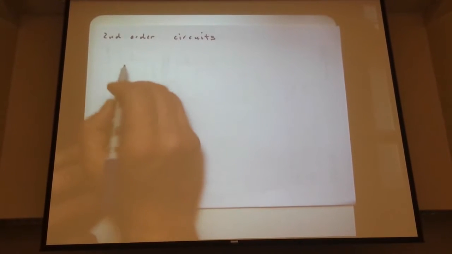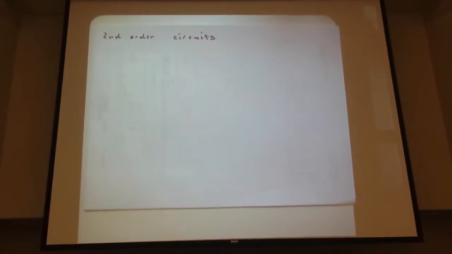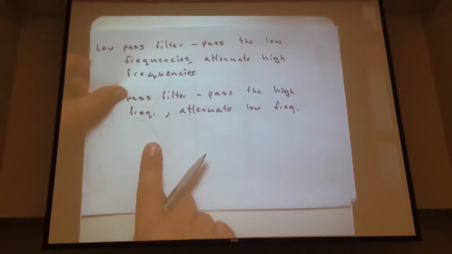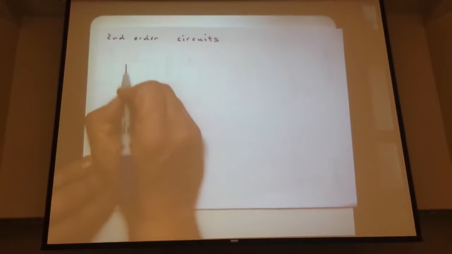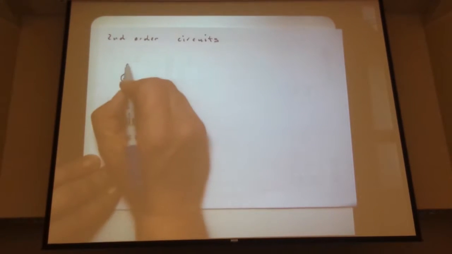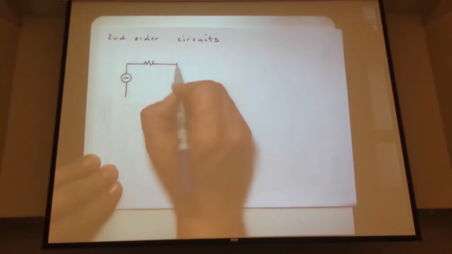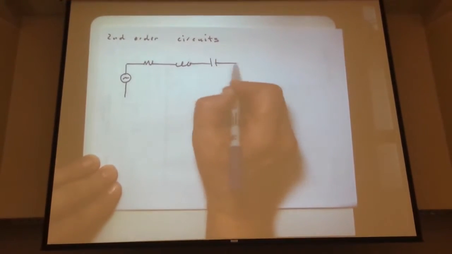So, second order circuits. And I do want us to leave some space here, so if you have this written down somewhere, leave some room for some more stuff. And we'll look at our classic RLC series circuit.